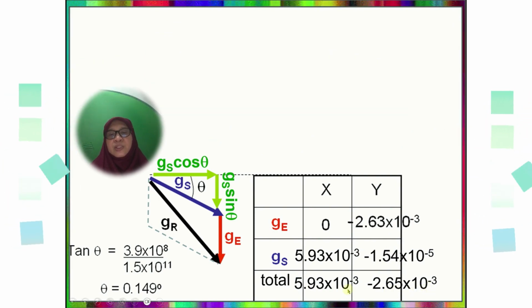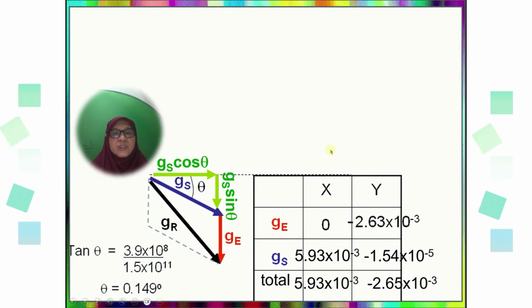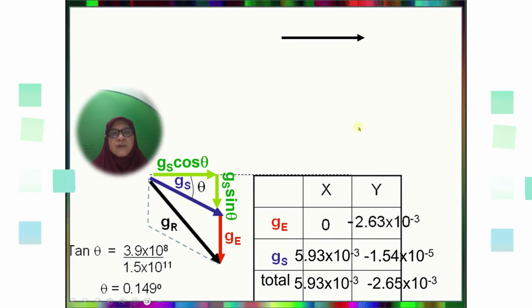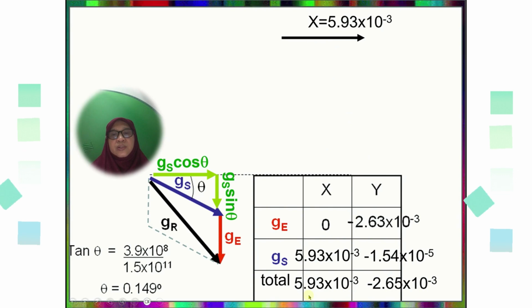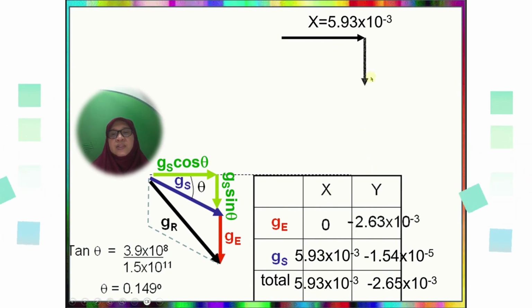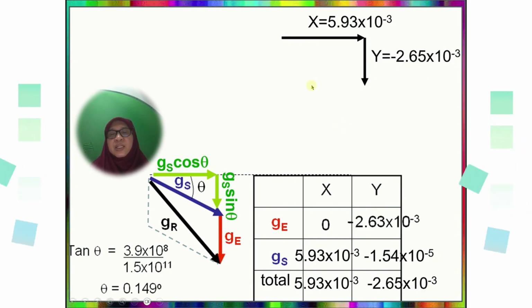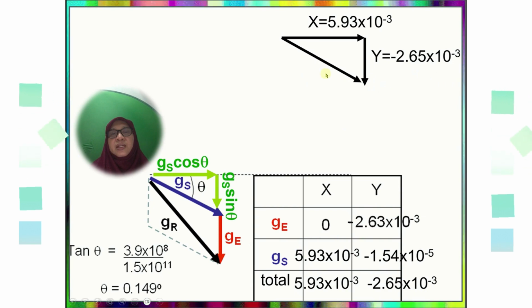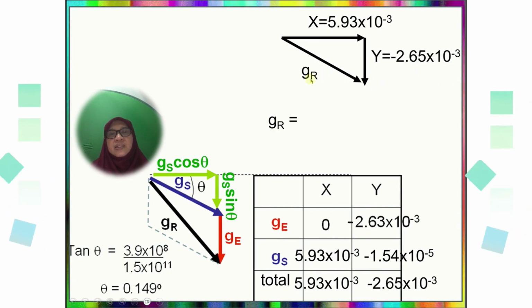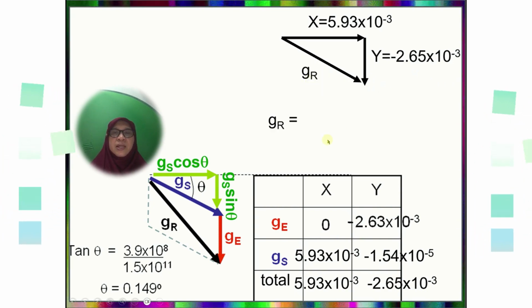Now from this total, we can use Pythagoras theorem to find the resultant. 5.93 times 10 to the power of negative 3 is horizontal, along x, and G total along y is negative, downward, so we draw an arrow downward to represent negative 2.65 times 10 to the power of negative 3. The resultant will be in this direction, and the value you can calculate using Pythagoras theorem.